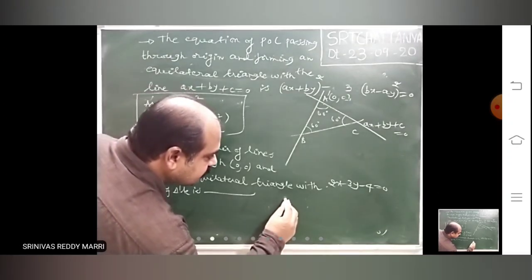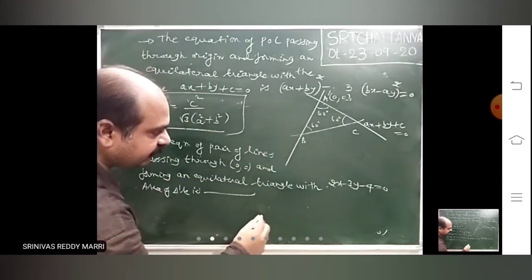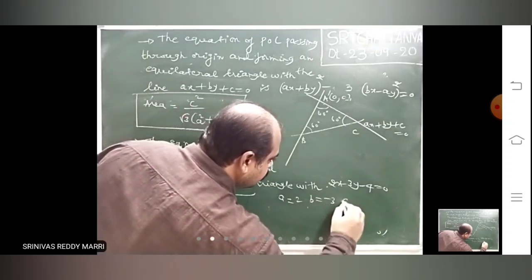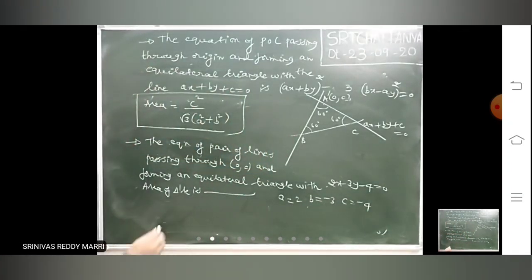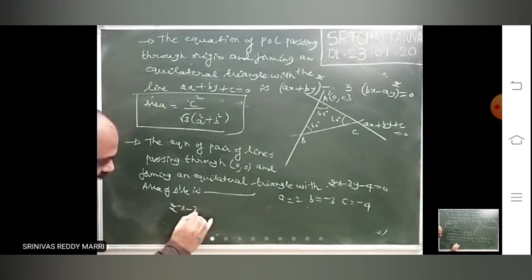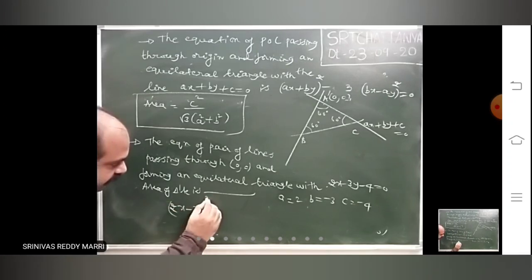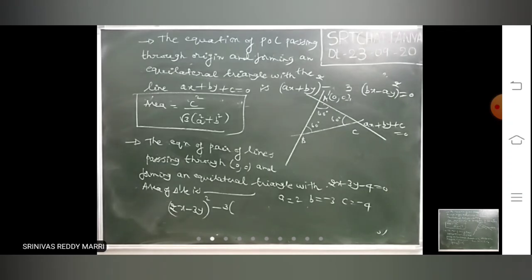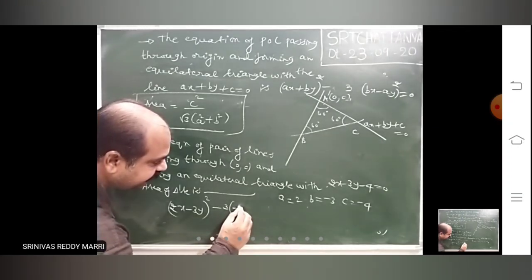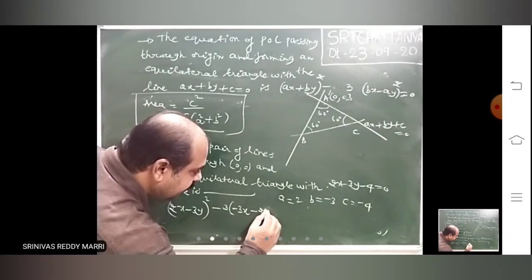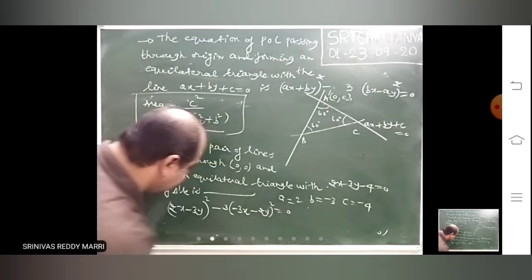So that means this is the formula. A is 2, b is minus 3, c is minus 4. Ax plus by means the same expression, whole square, minus 3 into (bx minus ay) whole square. Bx means minus 3x, so minus 3x minus 2y whole square equal to 0.